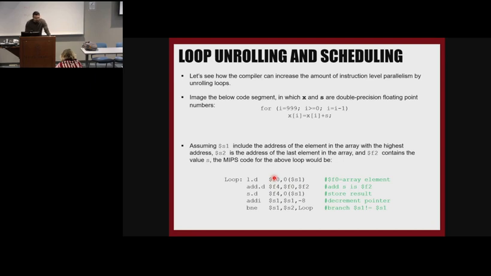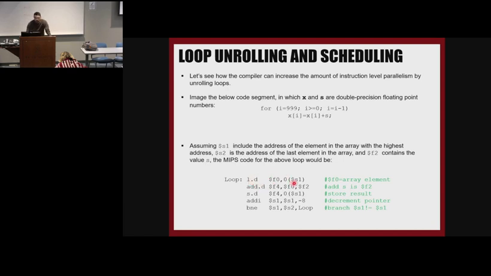Because it's double precision, just a quick reminder: when we work with double precision floating point numbers, we only use even registers because the odd registers are used automatically after that. So if you use F0, it's double precision, we need 64 bits, so you're going to use F0 and F1. Okay, that's why you don't see odd register indexes here.